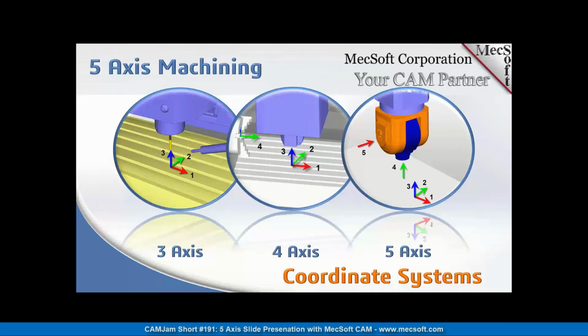In addition to the 3 axes, you have the additional 4th axis rotation axis. And then on the right, you see a typical 5-axis setup. In the image that you see on the right, we're showing a head-head configuration where the 4th and 5th axis reside in the head of the machine tool.